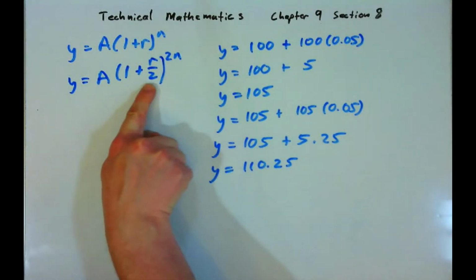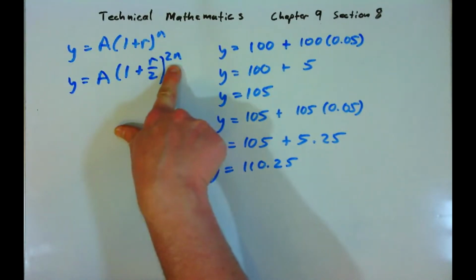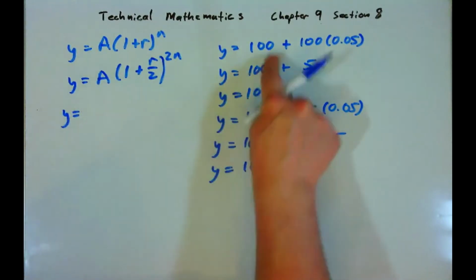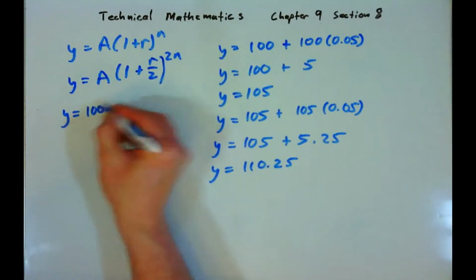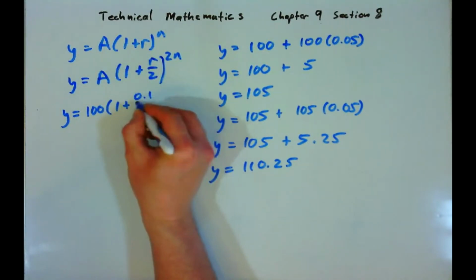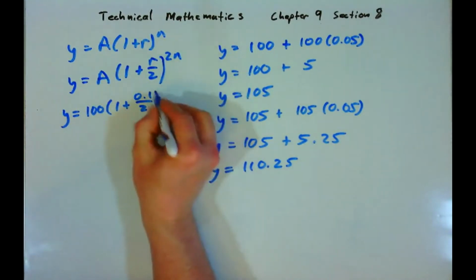And so the rate that we are being paid out is half of the actual rate for the whole year, right, 5%. And we give you your interest money twice a year. So if I plug my values into this formula, we started off with $100 originally. Our rate was 10%, but they give us half of that rate every 6 months.